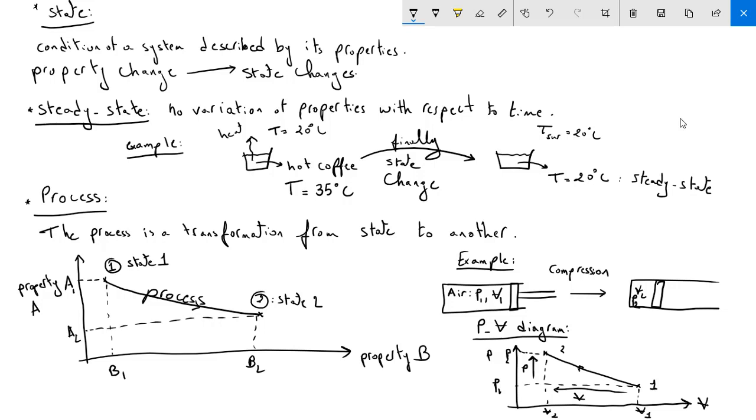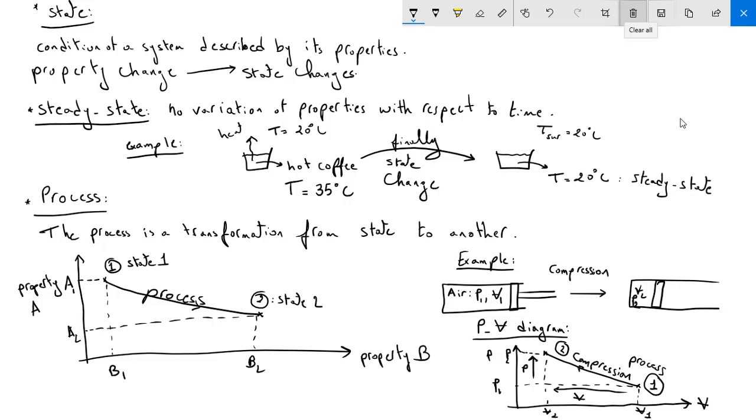So the system has changed its state from 1 to 2 by undergoing a compression process, where the properties have changed from V1 and P1 defined by state 1 to P2 and V2 defined by state 2.